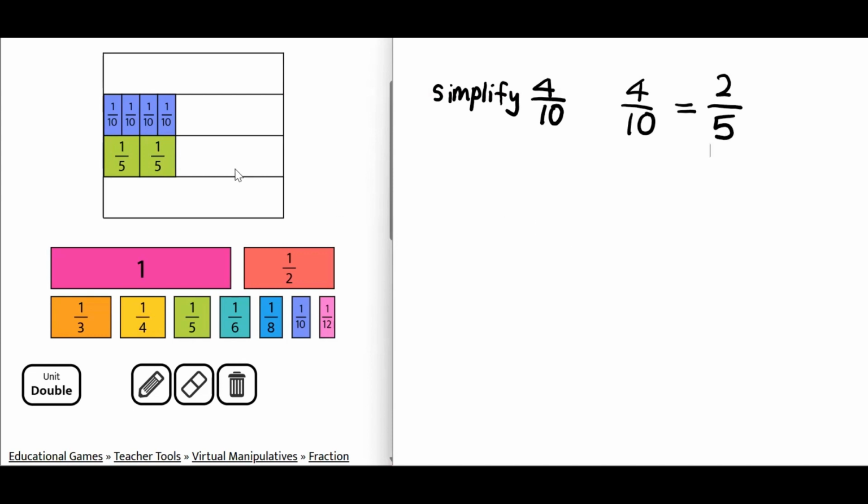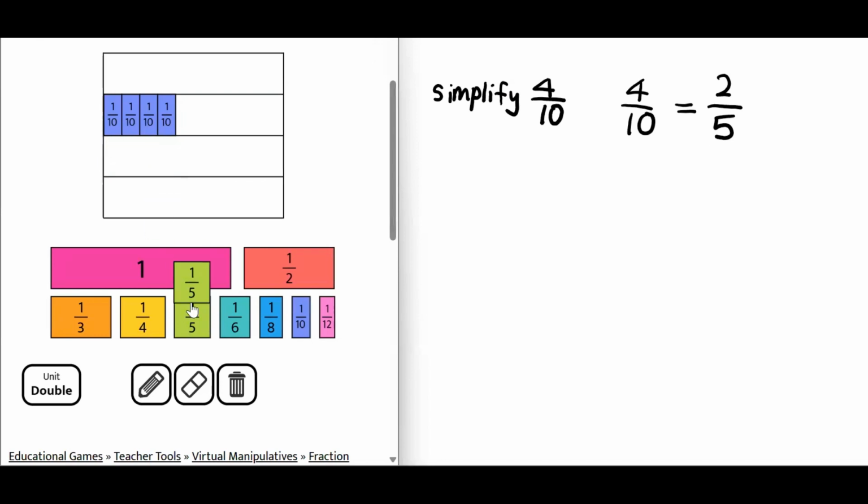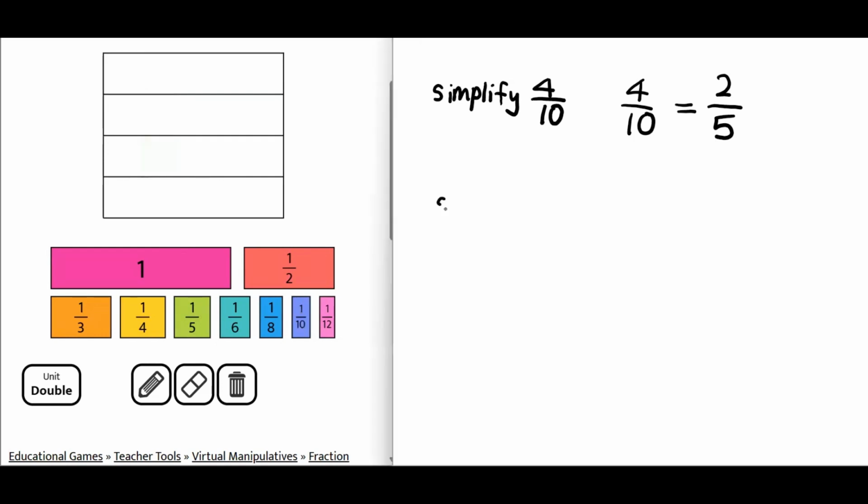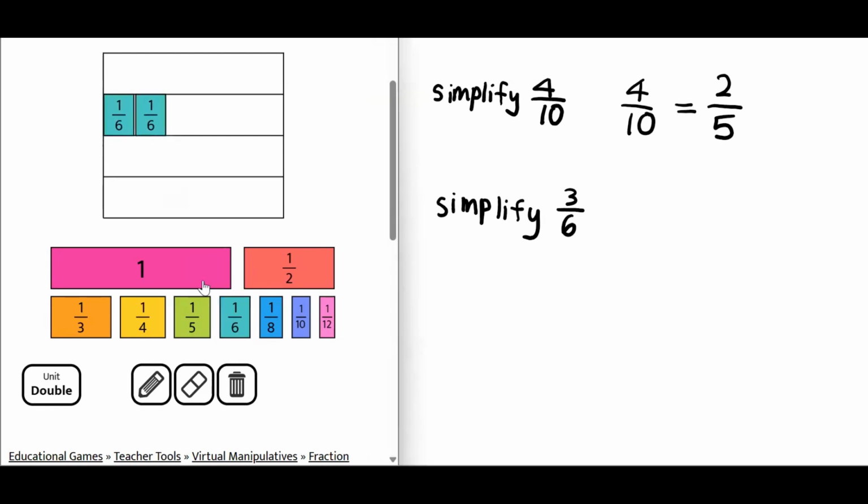Okay, now let's try a different question. Let's try to simplify 3/6 instead. So now I will need 3 pieces of 1/6.